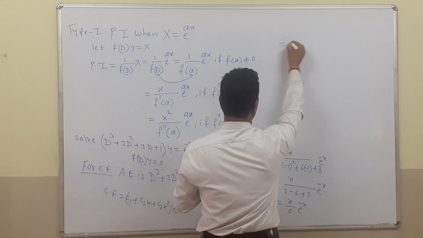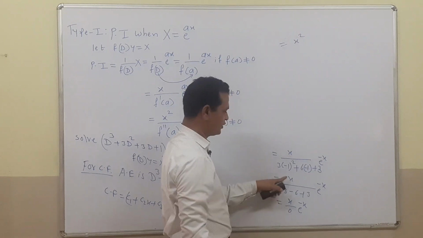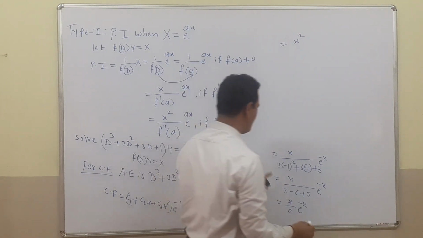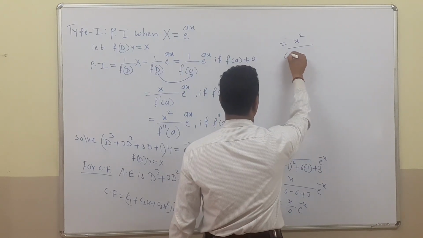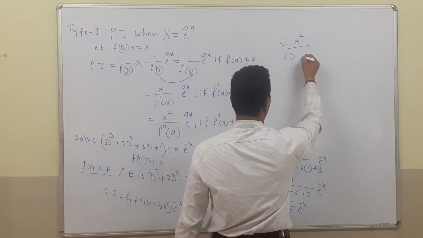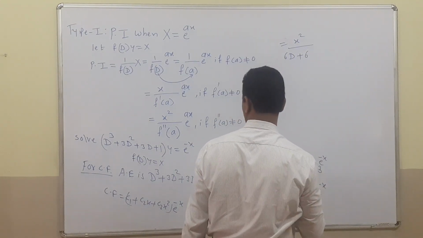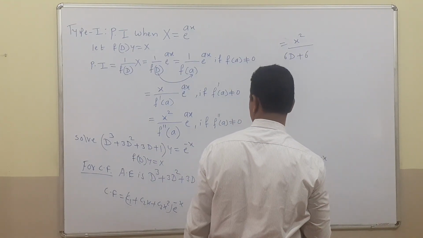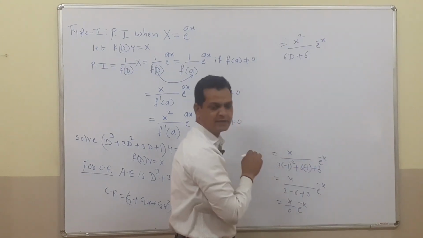So once again attach one more x on the numerator, so we get x into x, x square, into the derivative of the denominator. The derivative of the denominator is 6d plus 6, into e raised to minus x.